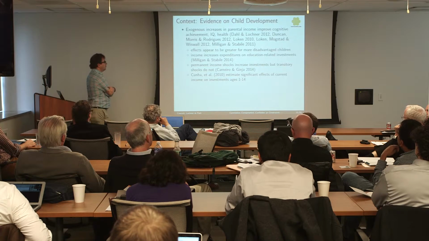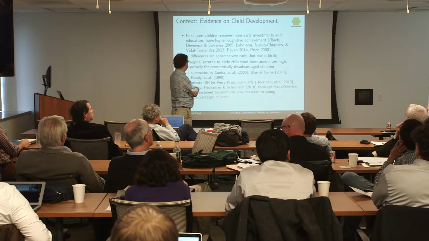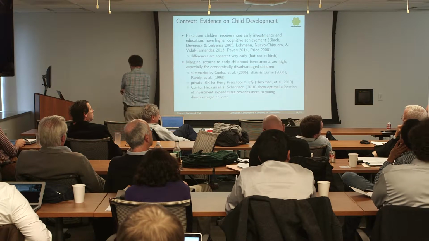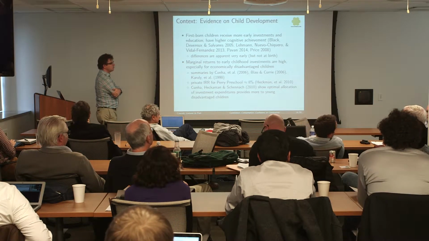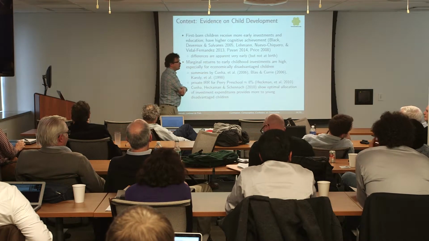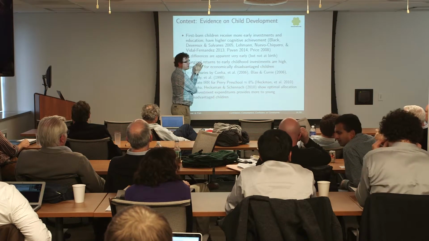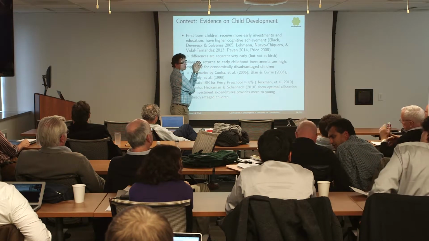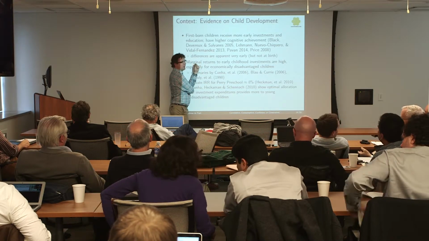Can I ask you a quick question? In the previous slide, are you saying that differences are apparent very early, but not at birth? At birth, when they do these APGAR scores or birth weight or height, you don't see any differences. It actually favors later kids relative to firstborn by a small margin.